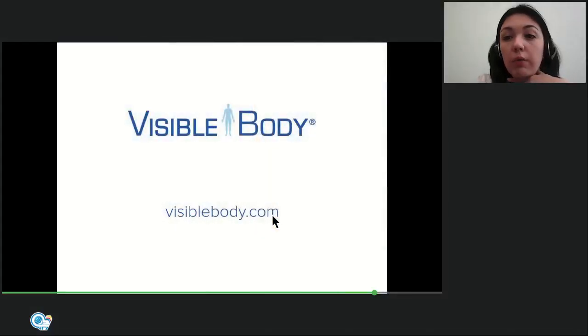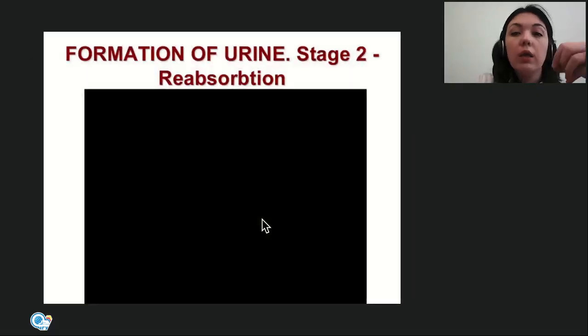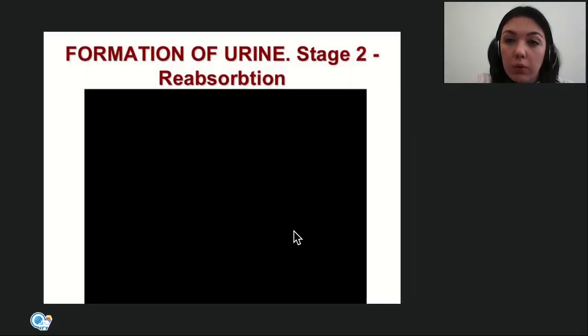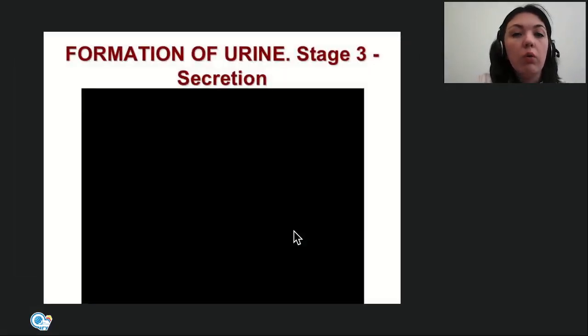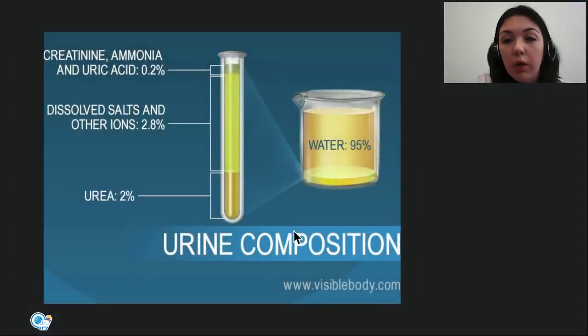Some waste substances such as urea, uric acid, hydrogen ions get secreted, so they are again excreted into the urine. After the reabsorption and secretion, finally secondary urine is formed, and it is produced in the amount of 1.5 to 2 liters per day.